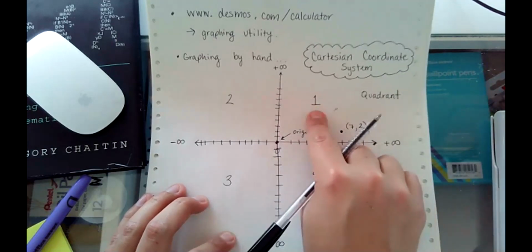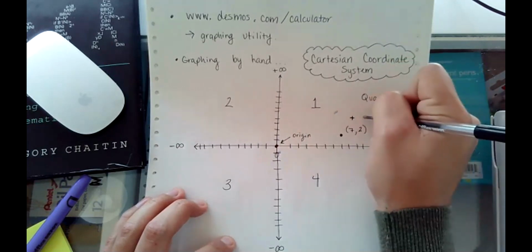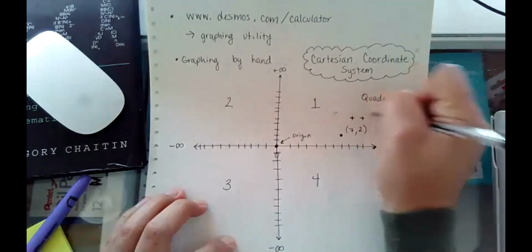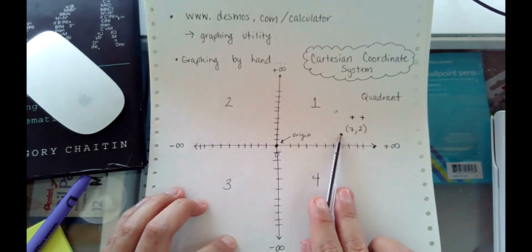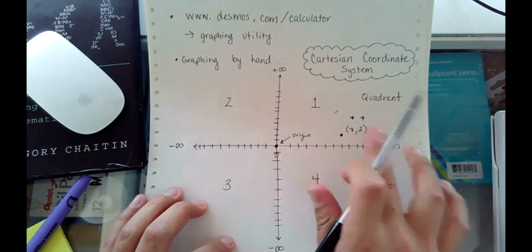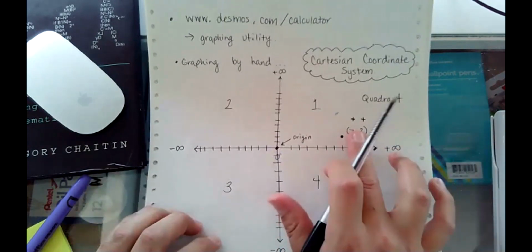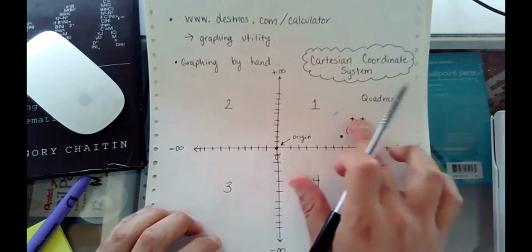In quadrant 1, my x value is going to be positive and my y value is going to be positive because I went in the positive direction on the x-axis, and then I went up in the positive direction on the y-axis. So if I'm given an ordered pair, I should be able to say what quadrant I'm in just based on knowing that these are positive.